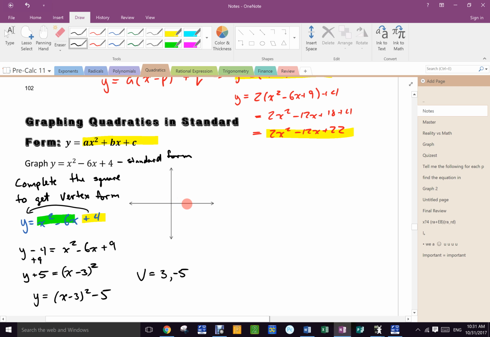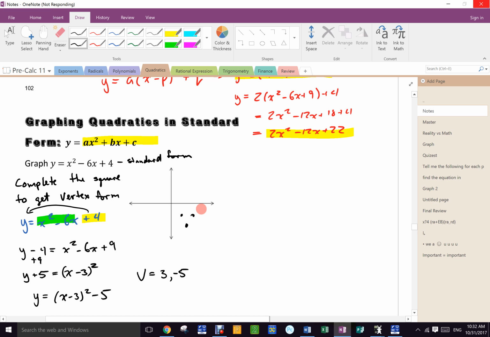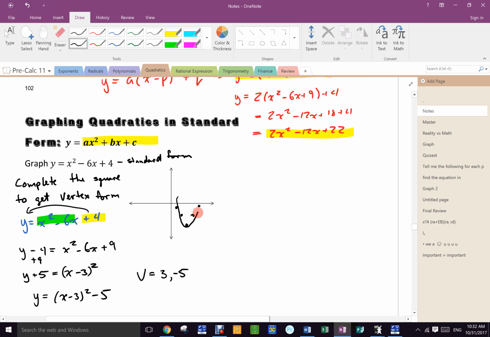Nope. So I go over 3, down negative 5. Go over 1, up 1, over 1, up 1, over 2, up 4. Over 2, up 4. And graph it. Everybody cool?